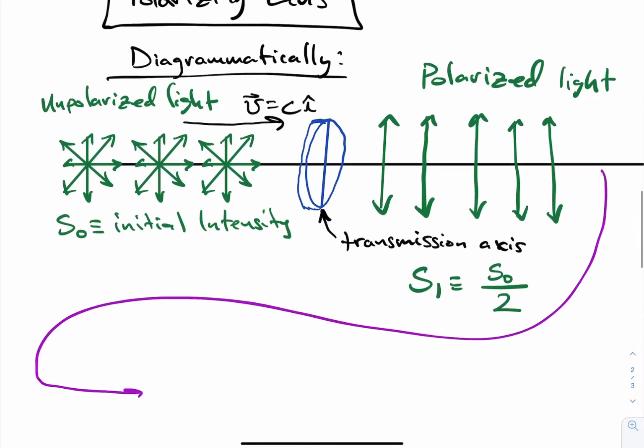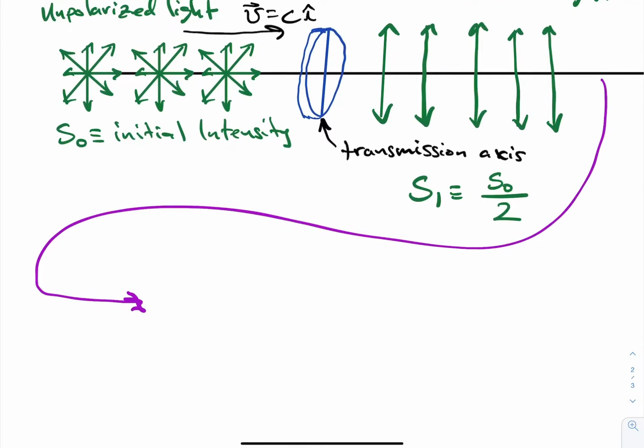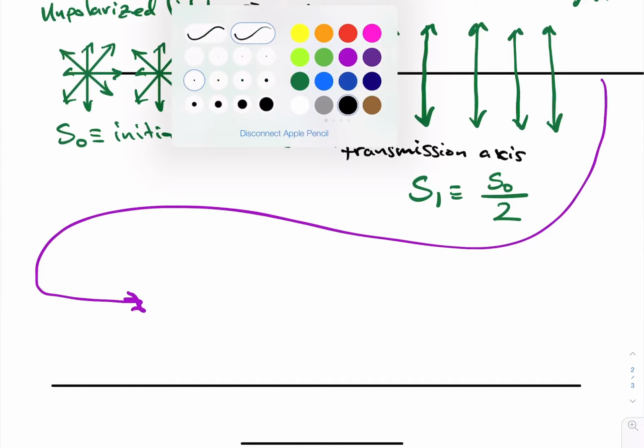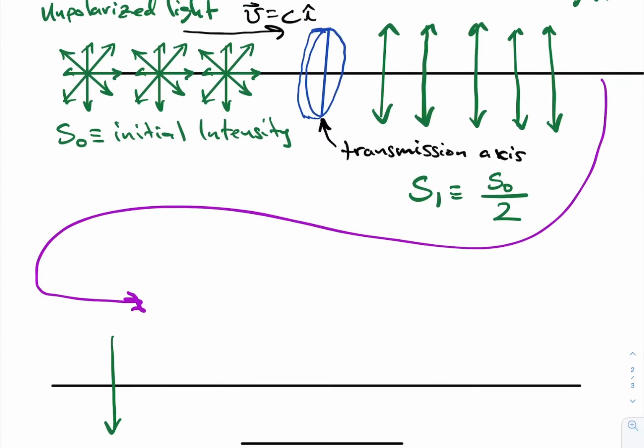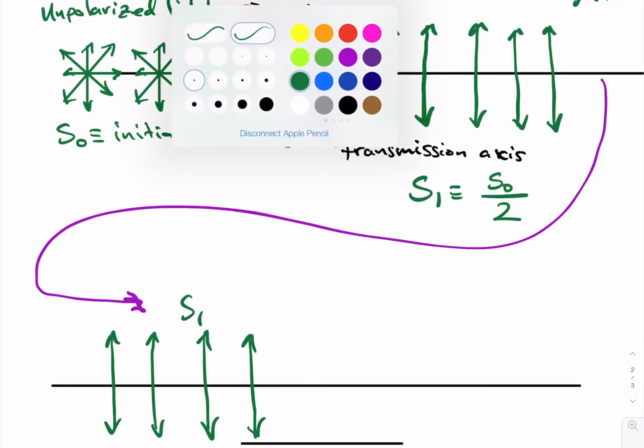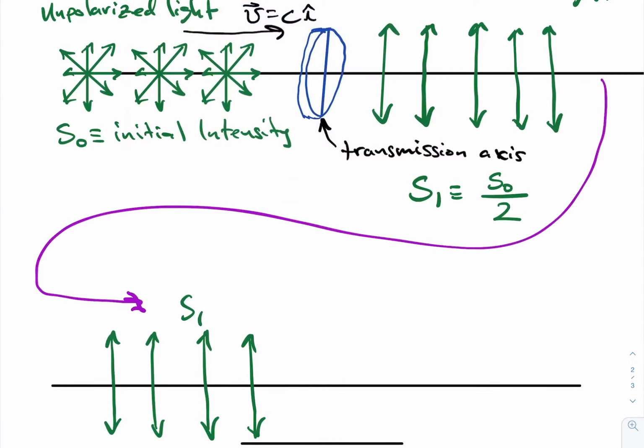So this is all the same transmission axis. We have a continuation of the same transmission axis. Now we have just our linearly polarized light traveling along S1, and this will be incident on another polarizing lens.